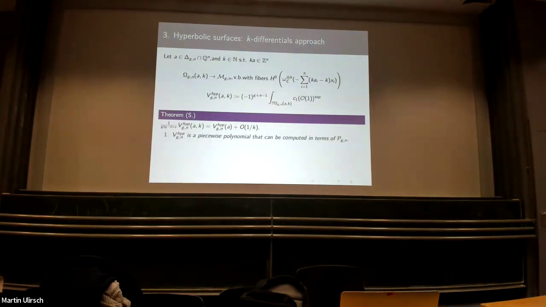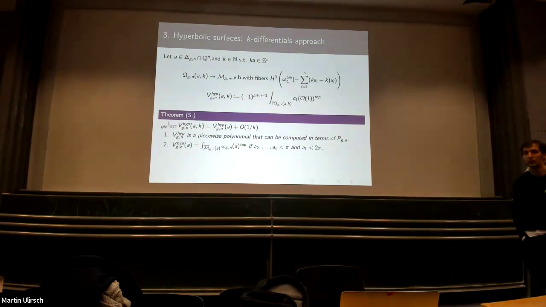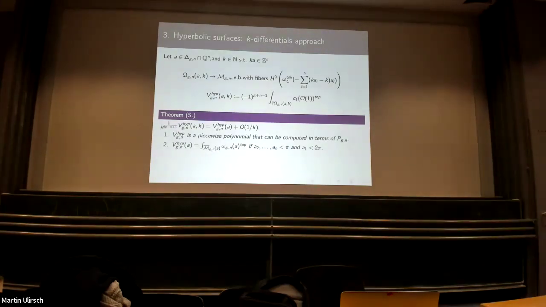And now this function, this V_{g,n}(a), is a piecewise polynomial that can be expressed in terms of the Mirzakhani polynomial that we're computing the Weil-Petersson volume in the very small angles. The second property is actually equal in many chambers, so I can check numerically that it is true for all the cases that were computed by Norbury and Lane. But I cannot prove that it's true in generality, but you can prove formally that it's true for a bunch of cases, but it's actually true.